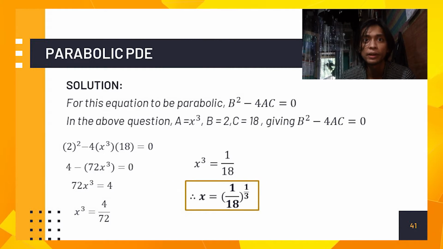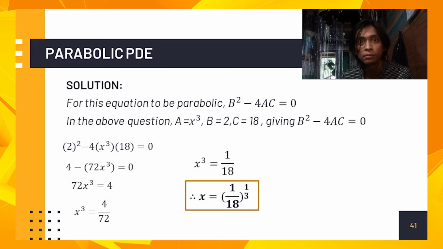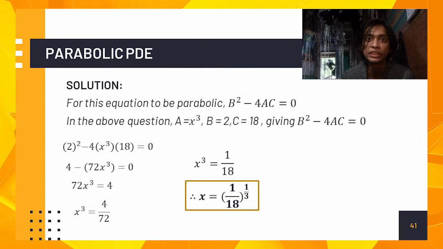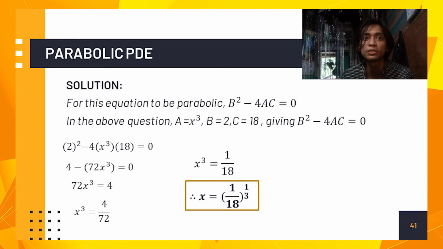So for the question above, to be parabolic, we use the equation b squared minus 4ac is equal to 0. In the question above, they have given us a is equal to x cubed, b is equal to 2, c is equal to 18, giving b squared minus 4ac is equal to 0.